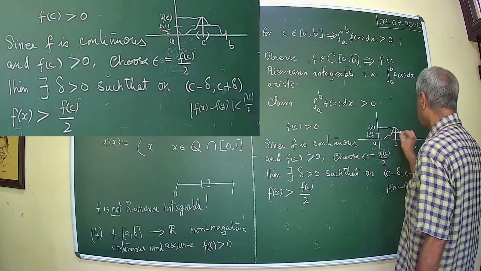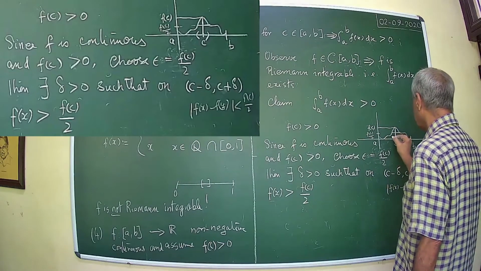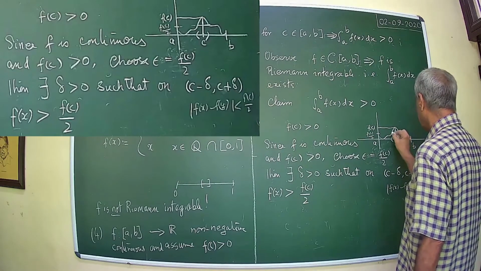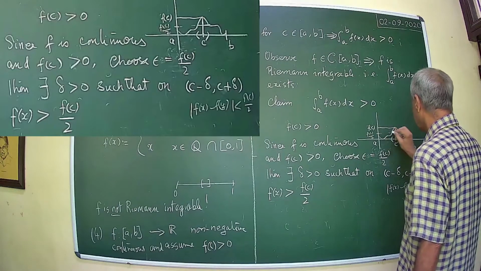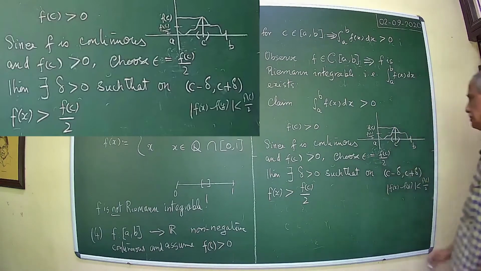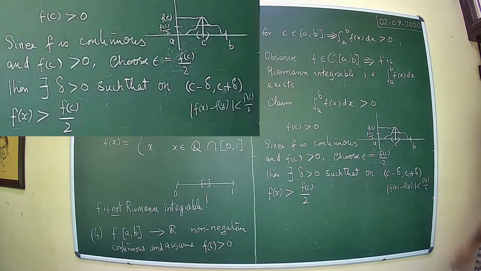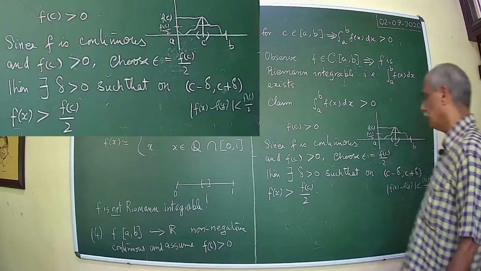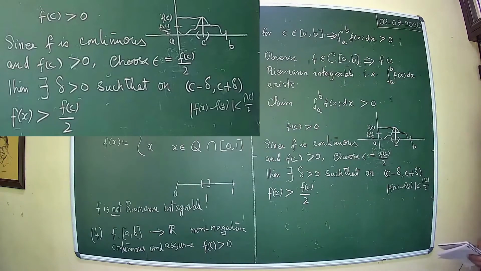See, the graph of the function over this interval is above this line, the line f(c) by 2. That's what it says. Easily prove this. So we have just used continuity and the fact that f(c) is positive.